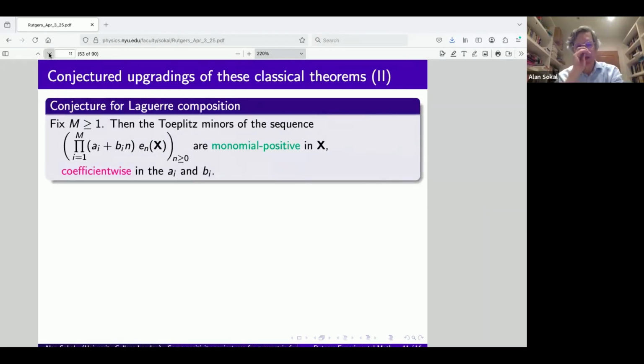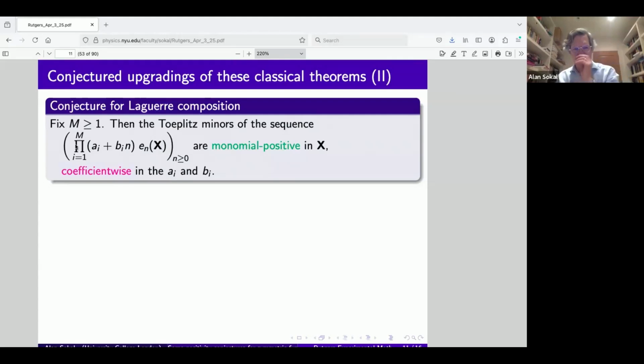Now let me give you a conjecture for Laguerre composition. So again, take e_n of x, those are the coefficients of a negative real-rooted polynomial, and then multiply it by f of n, where f is itself a negative real-rooted polynomial. So multiply it by something like a_i plus b_i n, a bunch of those.